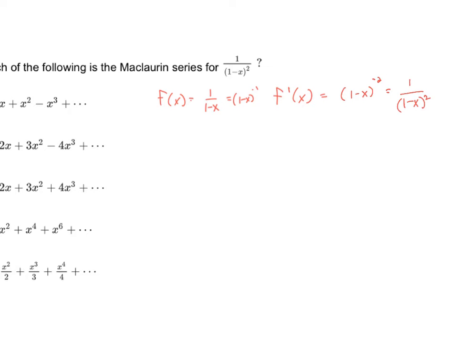Okay, so basically, this one, 1 over 1 minus x, is just this sum of x to the k, right?